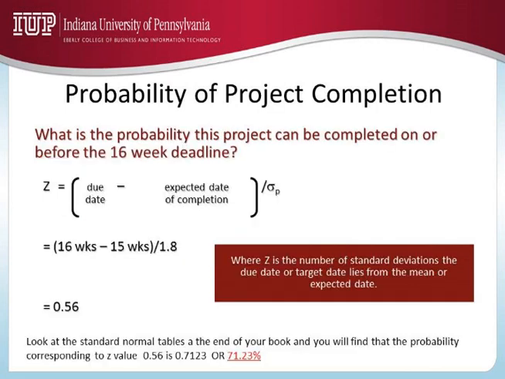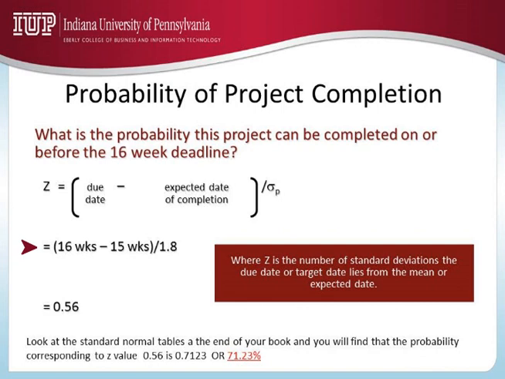Going to our old statistical simple formula, z is equal to x minus mu divided by sigma, where mu is my mean or expected date of completion, sigma is my standard deviation for the project, and x is the due date. So 16 minus 15, my expected date of completion of the mean, divided by the standard deviation.